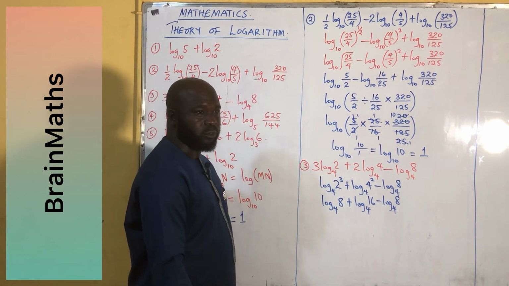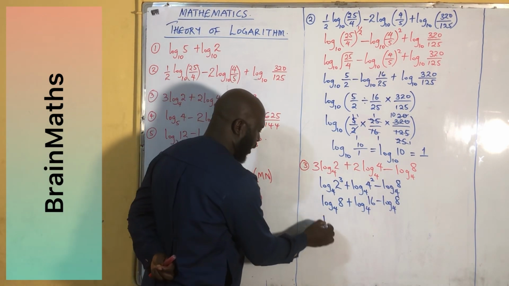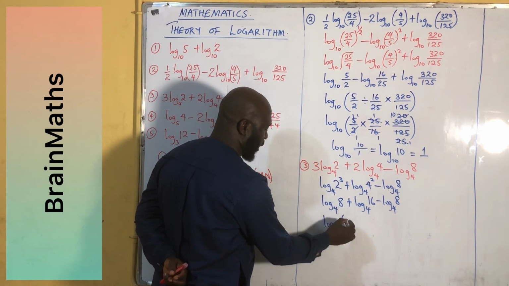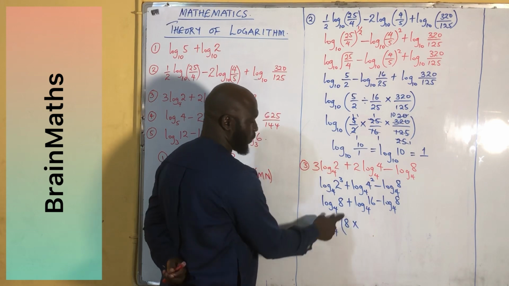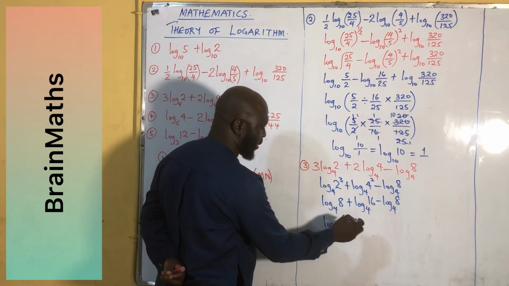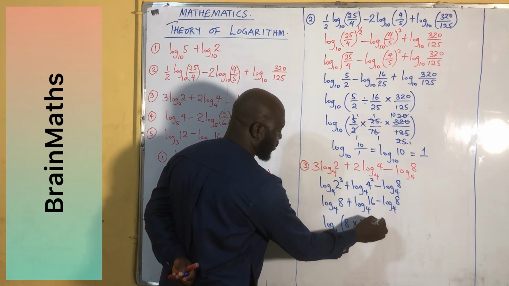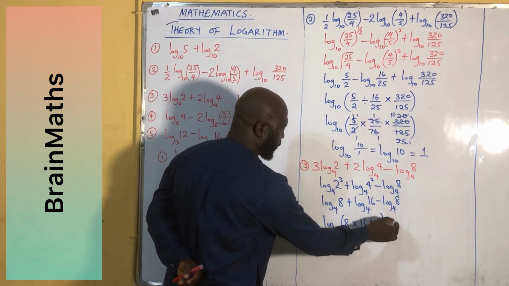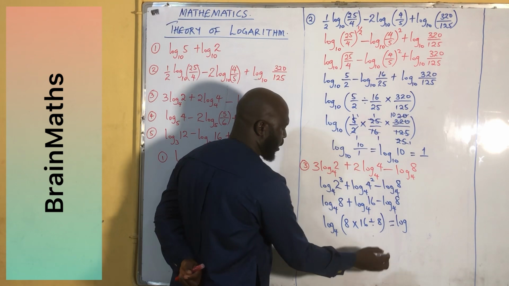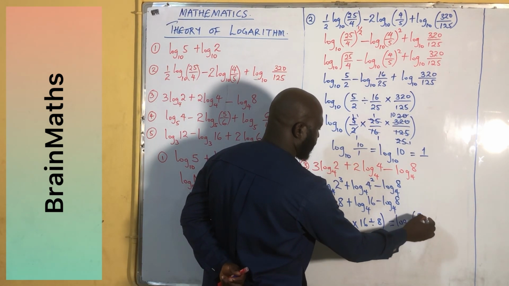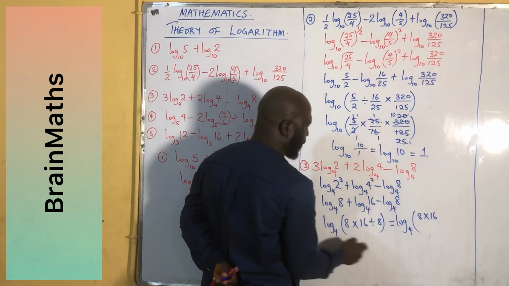Base 4 is common to everything. So we have logarithm in base 4 out. We are left with 8 times, don't forget the plus we change to times, 16 divided by 8. So this will lead us to logarithm in base 4 of 8 times 16.